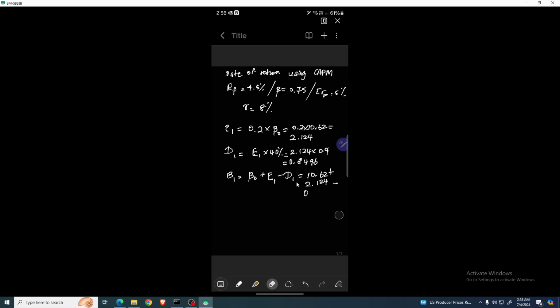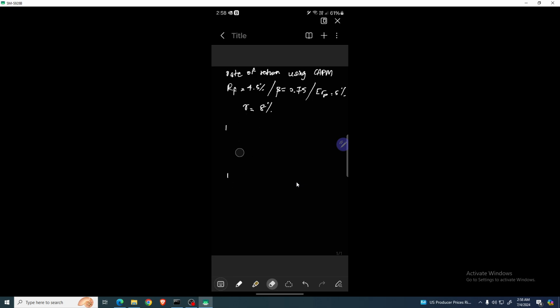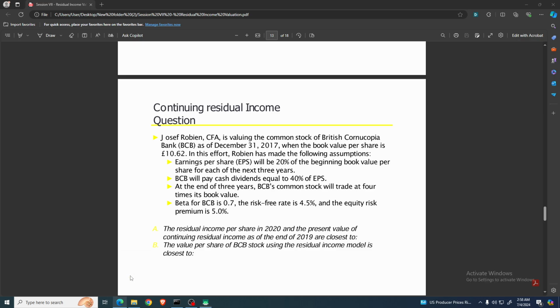So do this for the 3 years and then calculate the present value, and that would be the intrinsic value of the shares for this CFA guy at the end of year 3. So you can see the application and the interpretation, both of them play a crucial role when we conduct a scenario with values, because you need to explain them to a certain audience.